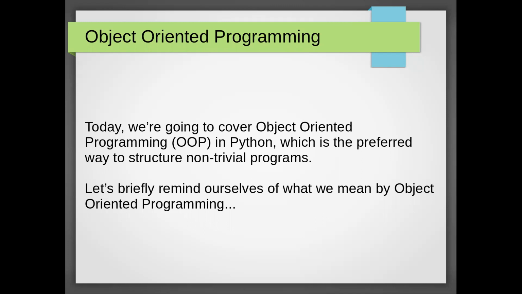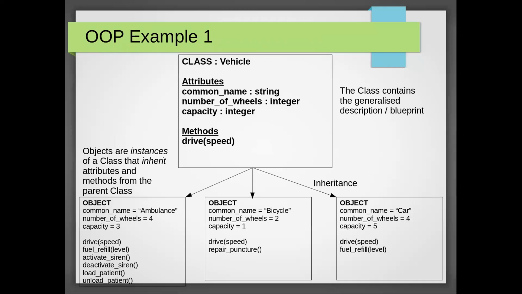But let's just remind ourselves what we mean, first of all, when we talk about object-oriented programming. Object-oriented programming is a way of coding in which everything is thought of as an object. So we have this idea of classes, and classes contain the general blueprint of what one of these things should look like. That class will contain attributes, which are basically variable values, and methods, which are things that this object can do.